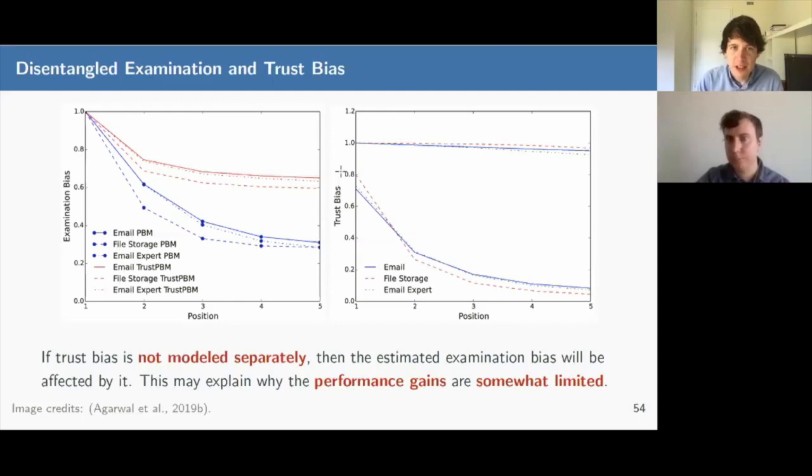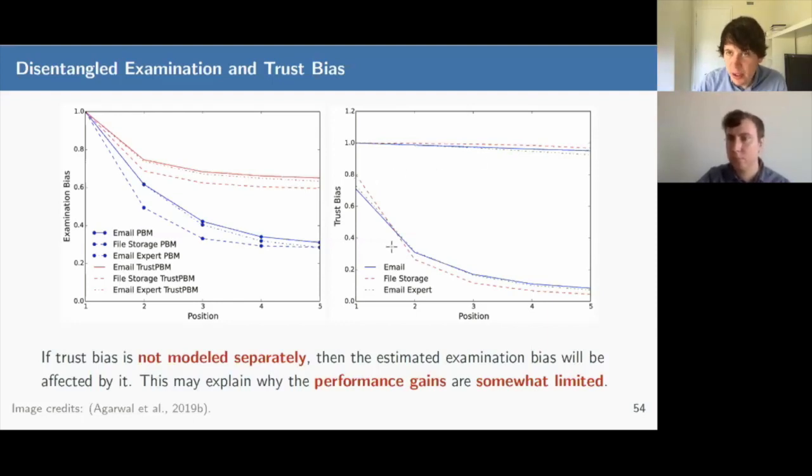So here we have the epsilon plus and the epsilon minus parameters per position. We see on this axis the epsilon plus, the probabilities of a click if the document is relevant. And according to this model, this drops very slowly. So people are still very likely to click on something if it's relevant, wherever they observe it, although we do see fewer clicks further down the ranking.